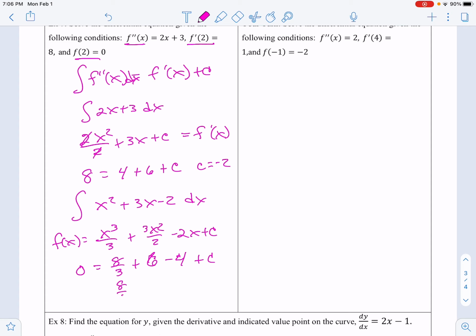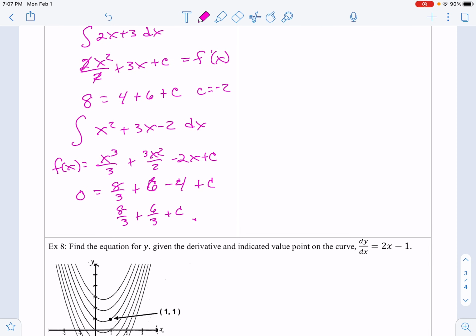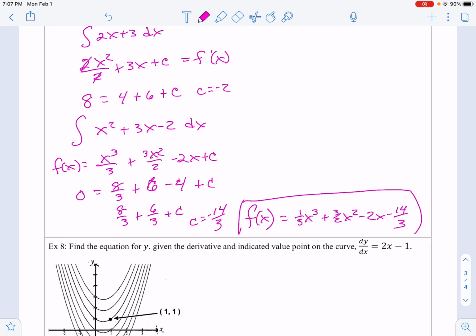So 8 thirds plus that's at 2, which is 6 thirds, is 14 thirds. So c is equal to negative 14 thirds. So my particular answer in that case is 1/3 x cubed plus 3/2 x squared minus 2x minus 14 over 3. Good problem.